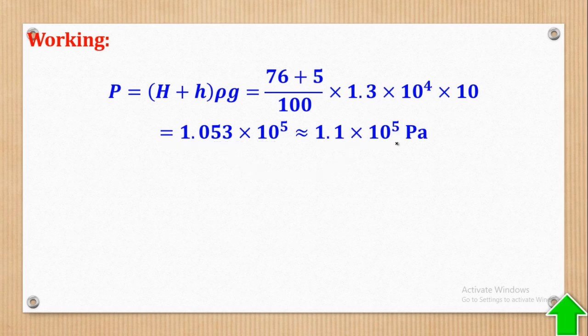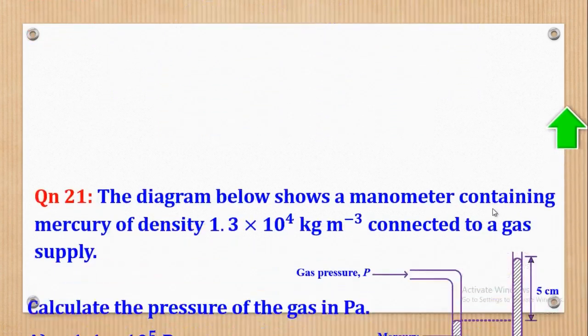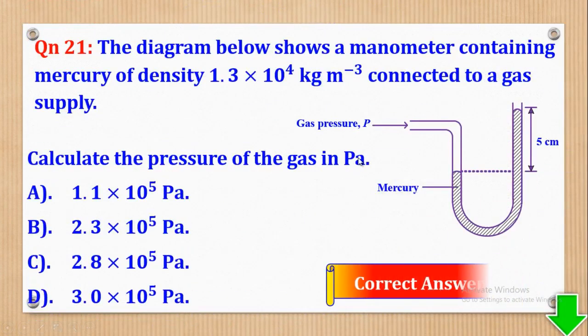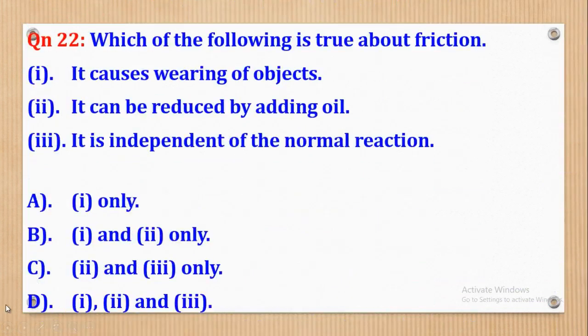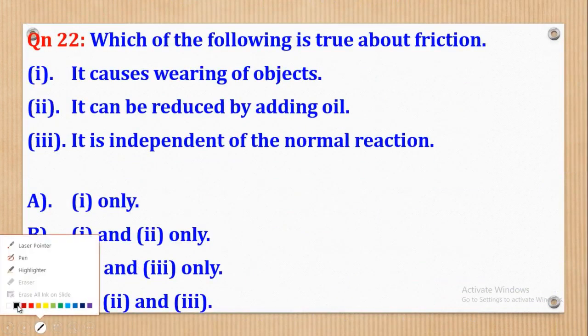So I look for the option which has 1.1 exponent 5 pascals, and that will be option A, which is our correct answer. So that was question 21.